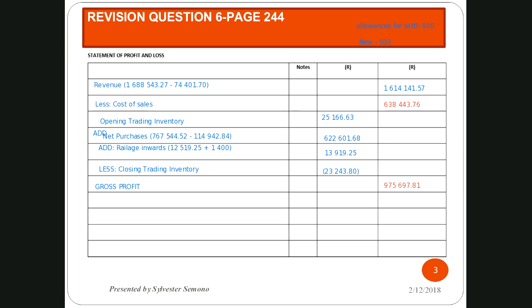I recommend that whatever you have used, you must tick. So far, you should have ticked sales, sales returns, purchases returns. Can you see on page 245? So we have used that. So that can give you a control over your figures.